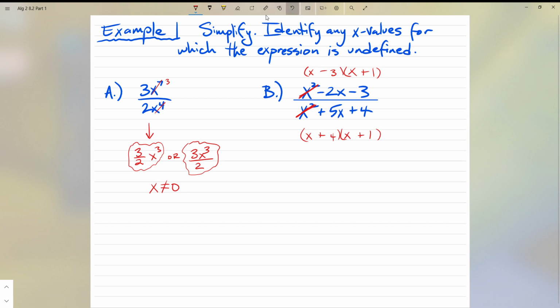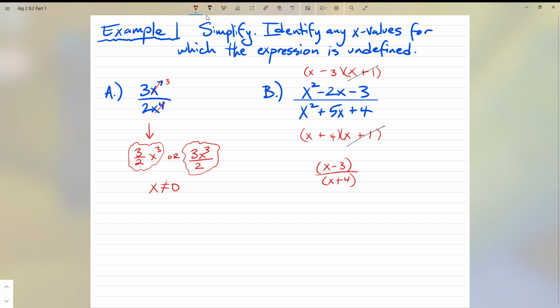But that doesn't work at all because they're both being added or subtracted. The only time you can cancel is when things are being multiplied. And I do have an x plus 1 on the top and bottom that I can cancel out. My reduced, simplified answer would be x minus 3 over x plus 4. You don't need the parentheses; I just wrote them out of habit, so you can write it with or without.